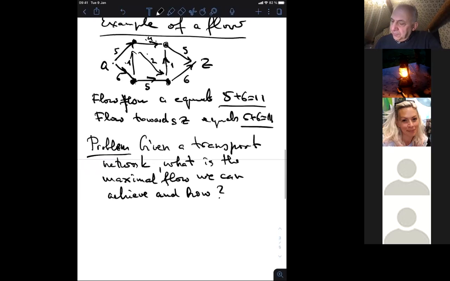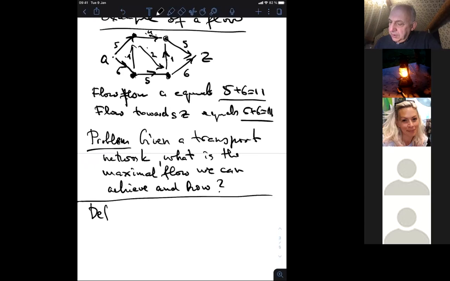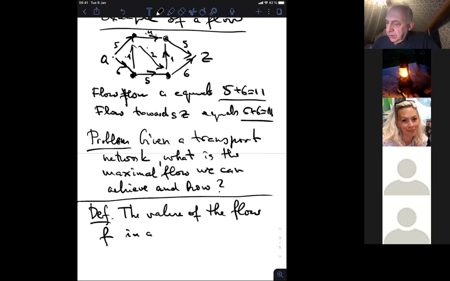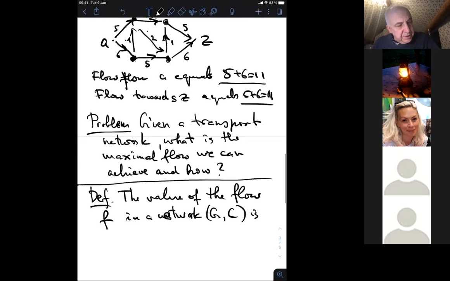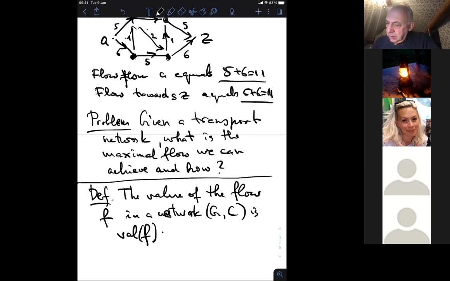So the value of the flow, definition: the value of the flow F in a network G, C is by definition the sum over all vertices V of the graph of F of A to V. We know that A is the source.